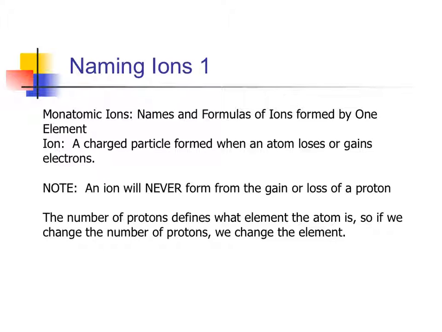One important thing is that ions will never form by the gain or loss of a proton. It is only the electrons that are gained or lost. The number of protons defines what an element is. I cannot stress that enough. A proton defines what an element is.